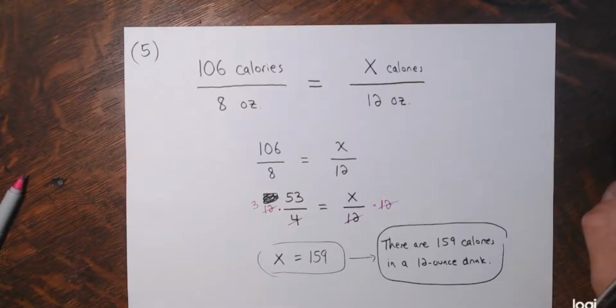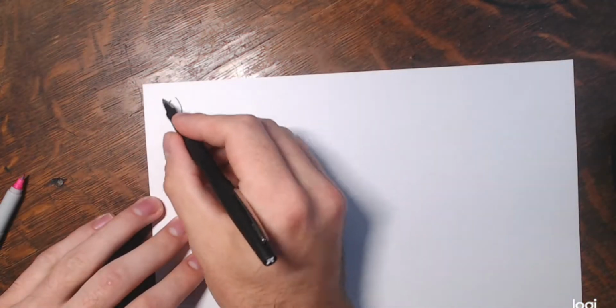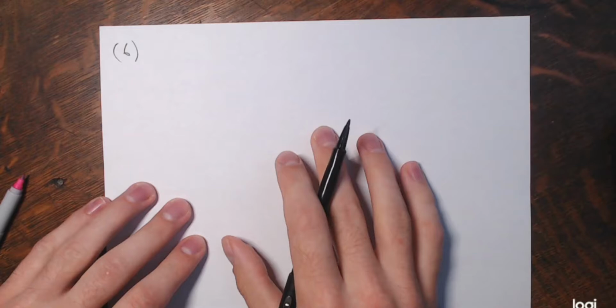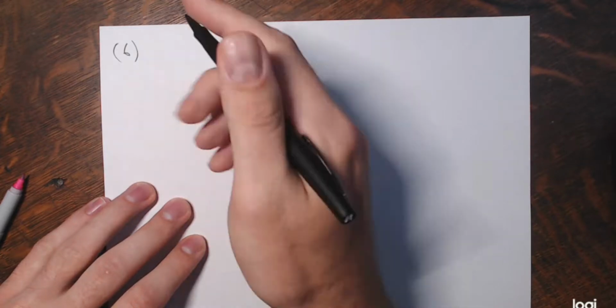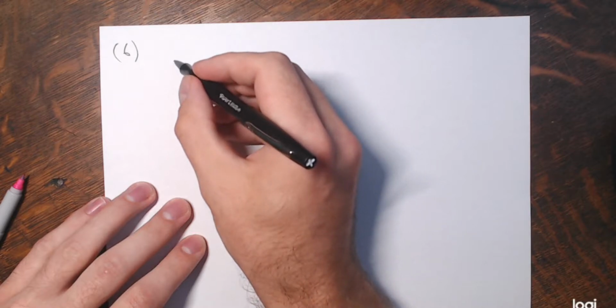So again, I'll just pull up a new sheet of paper here. This is example 6, exercise 268. So the first ratio, and I'll do calories per ounce. Just make sure again that your units are consistent in the numerators and denominators.